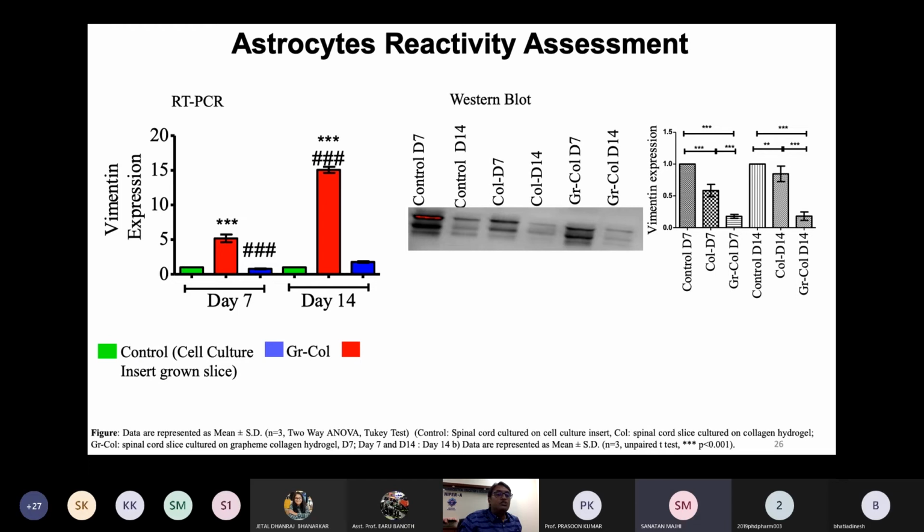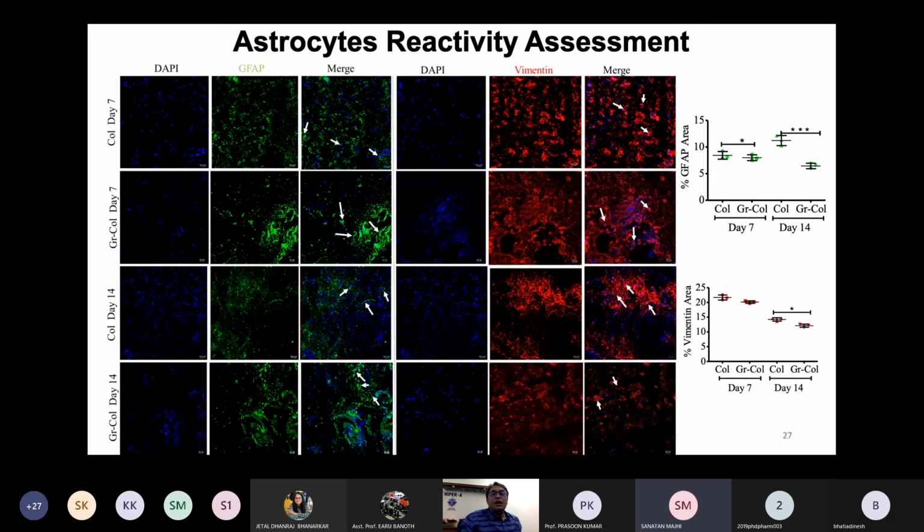It was further done to check vimentin, which is another marker, and a similar observation was made just like GFAP, which further supports that GR-Col is controlling the astrocyte reactivity and decreasing the inflammation. This is the immunohistochemistry analysis, which we further compared. So we tried to confirm it by various means, Western blot, PCR, and again you can see GR-Col is showing a decrease in the expression of vimentin compared to only collagen.